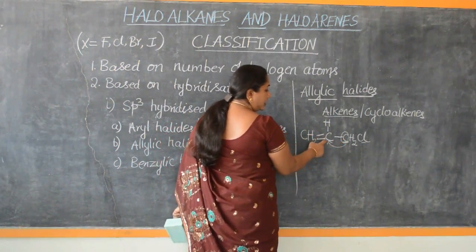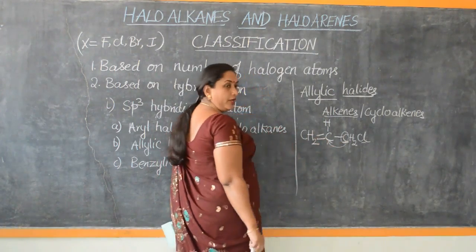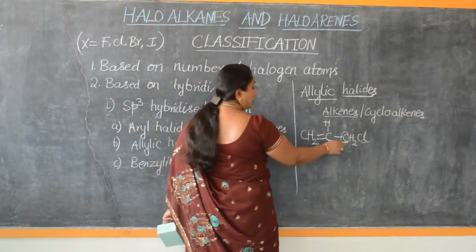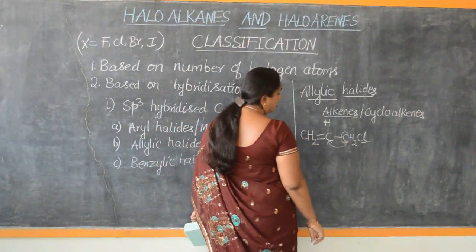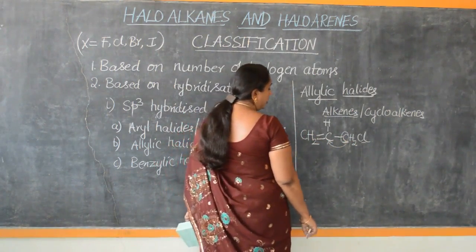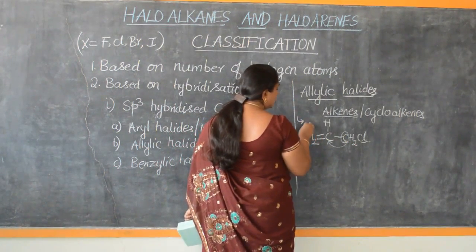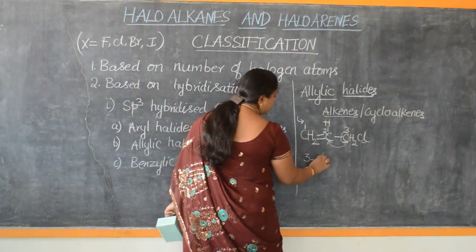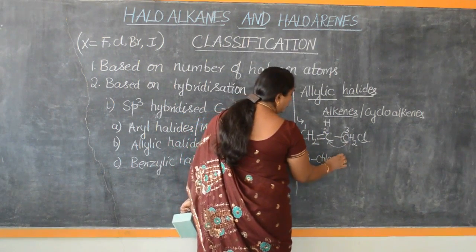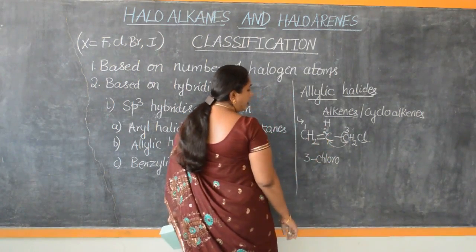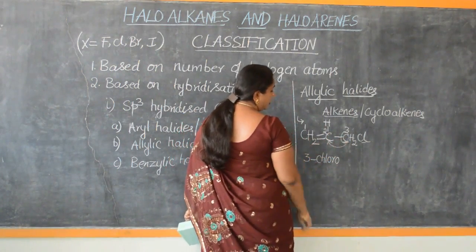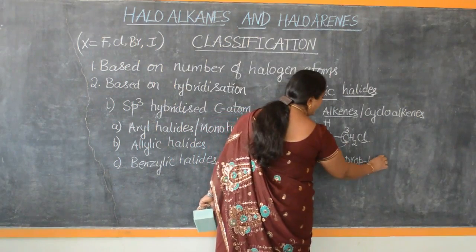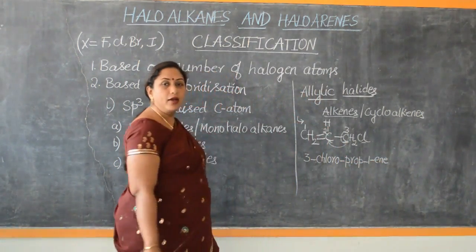That means the adjacent carbon atom is unsaturated, but the carbon atom to which the halogen is attached is saturated. So what is the name of this compound? Let us try naming this compound. The locants should go like this: 1, 2, 3. So for the third carbon atom, chloro is there, 3-chloro, and what do we see? Between the first and the second there is a double bond, and it is a 3 carbon compound, so therefore the name is propene, or prop-1-ene. This is an example of an allylic halide.